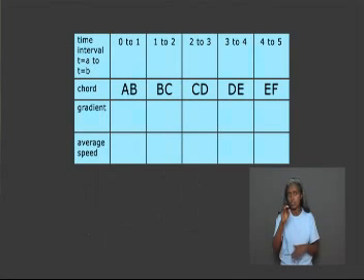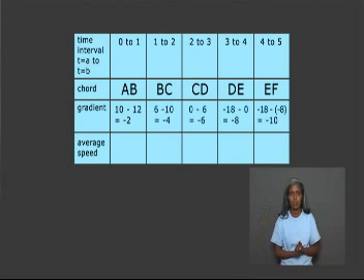Time interval 0 to 1 is marked by chord AB. 10 minus 12 equals a gradient of -2. In this way, we find that the average speed of the particle during the interval is -2 meters per second.